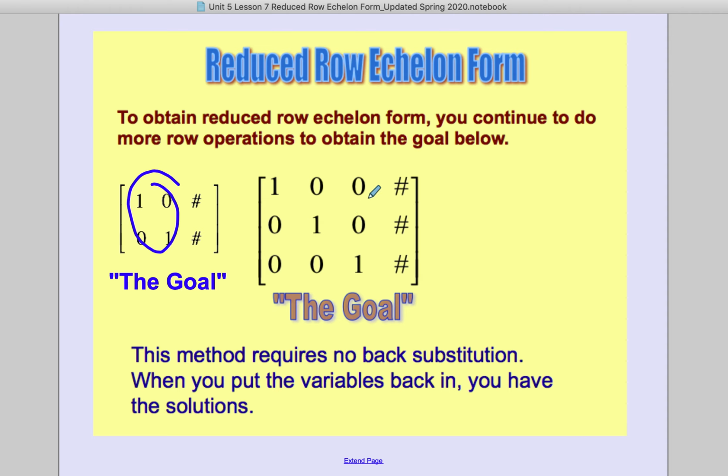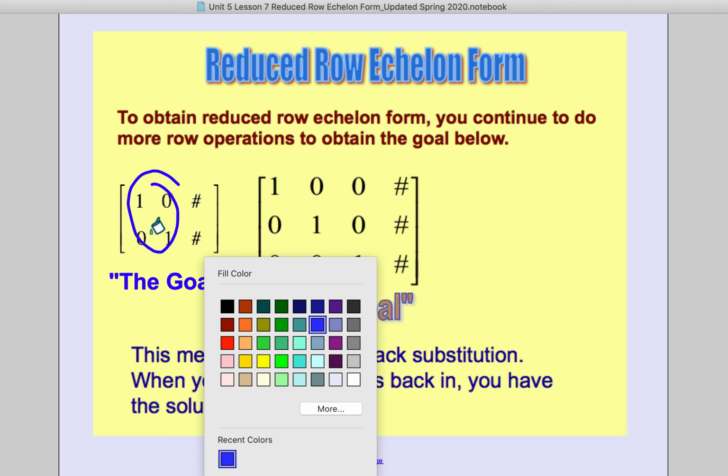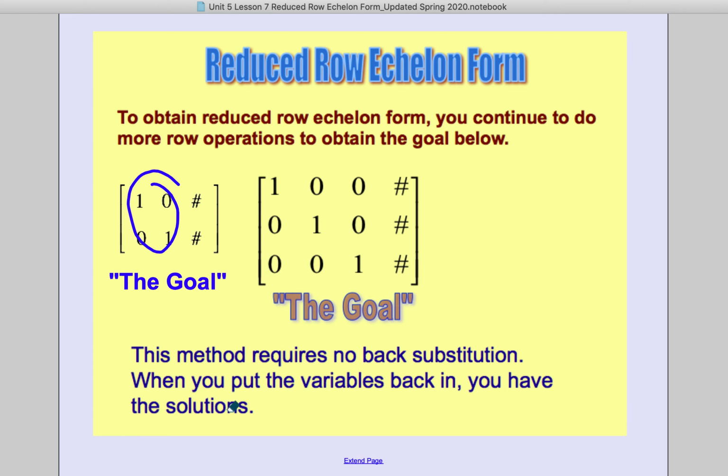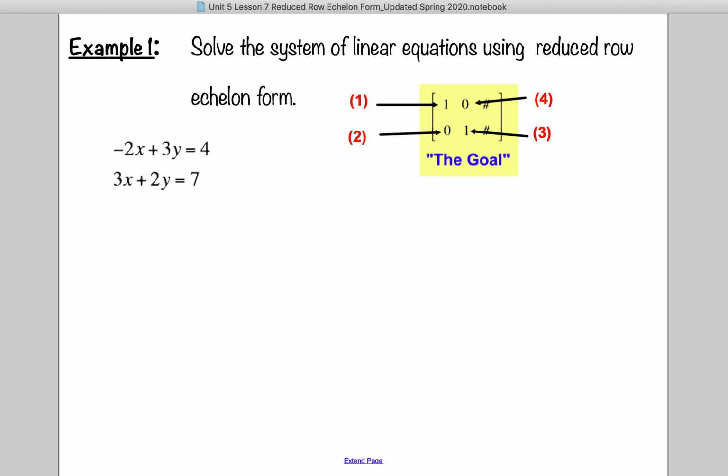And if it's a 3 by 3, your goal is to get the identity for a 3 by 3 matrix. If you do that, then your solutions will be the numbers listed in that last column. So here we're going to solve a system of equations using reduced row echelon form.